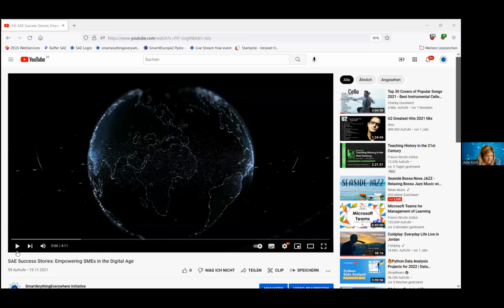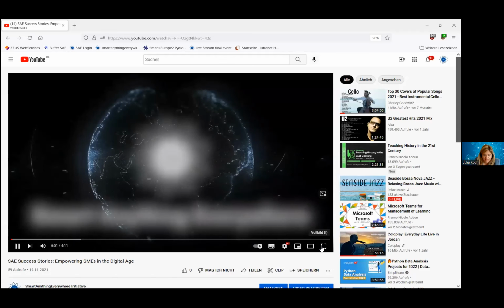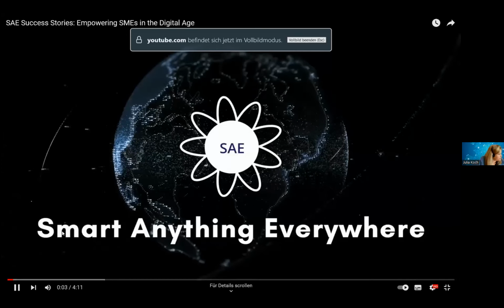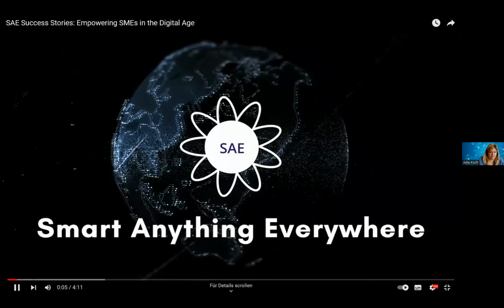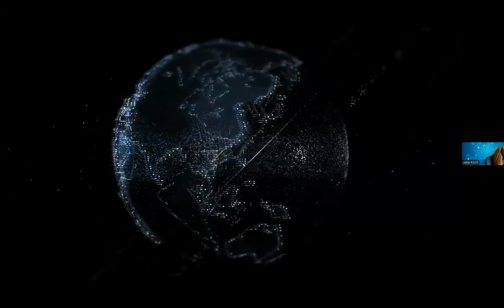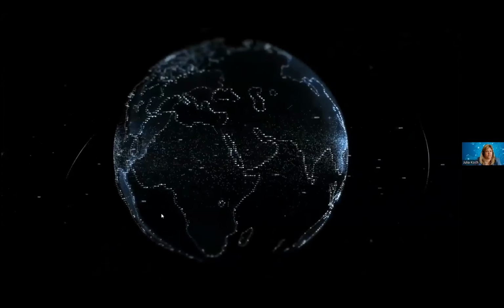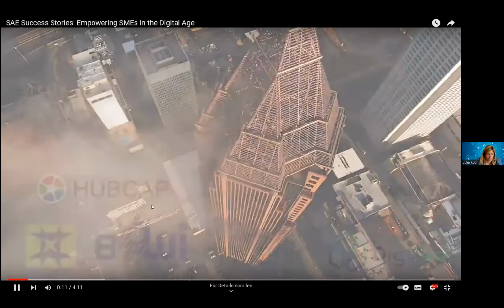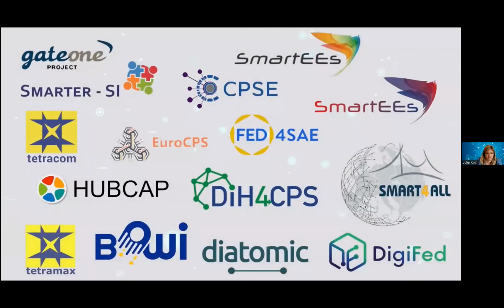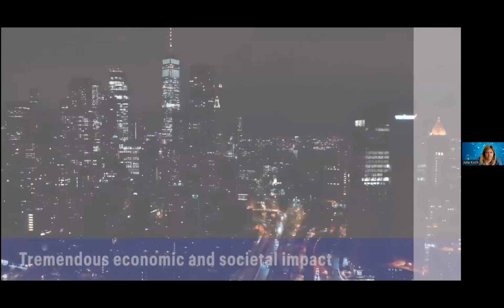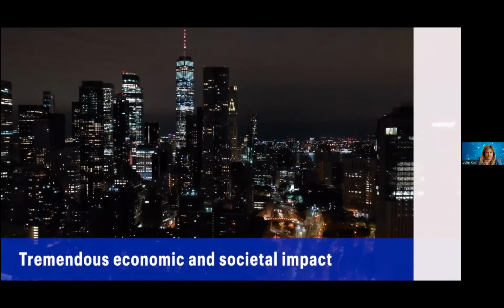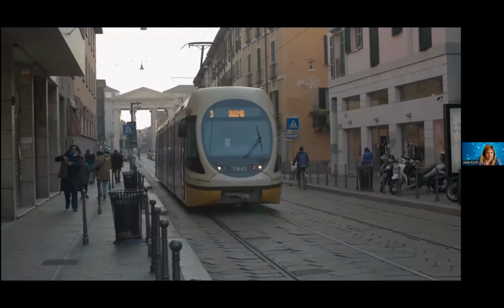The Smart Anything Everywhere initiative, helping European companies innovate through digital technologies. The Smart Anything Everywhere initiative, currently in its third phase, has demonstrated tremendous economic and societal impact.